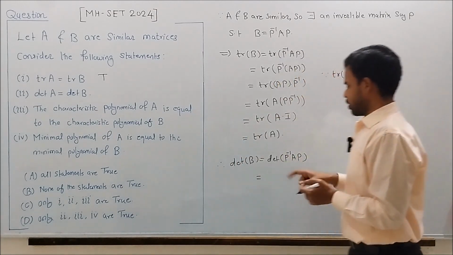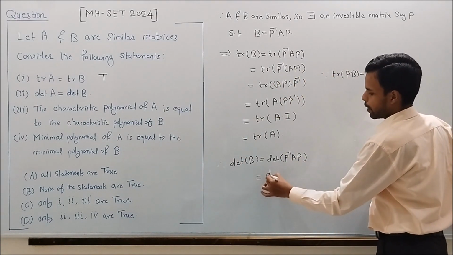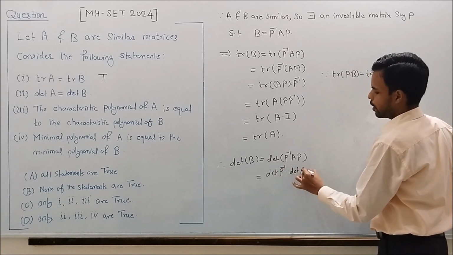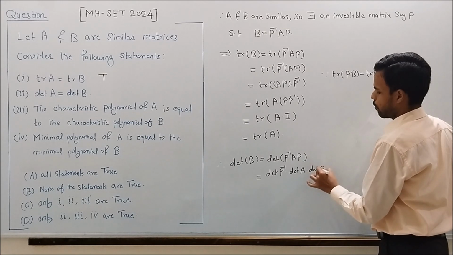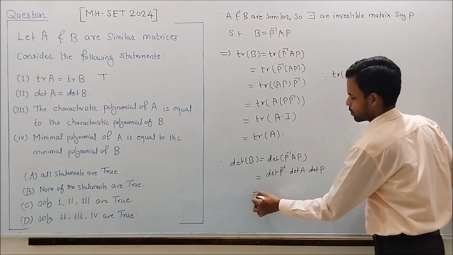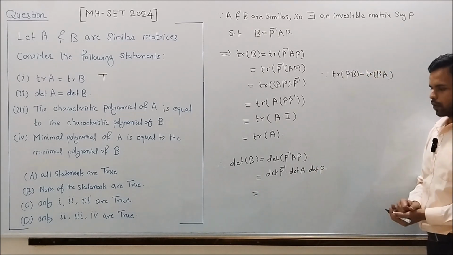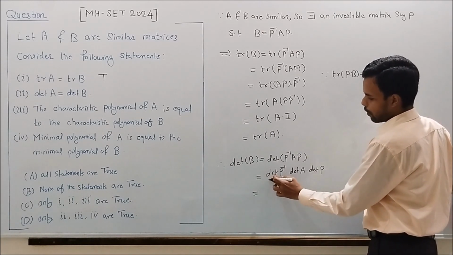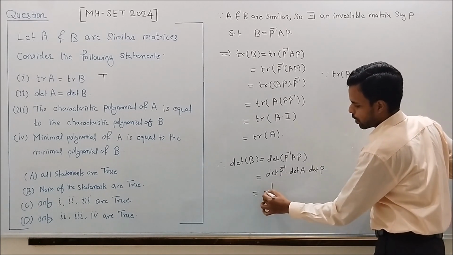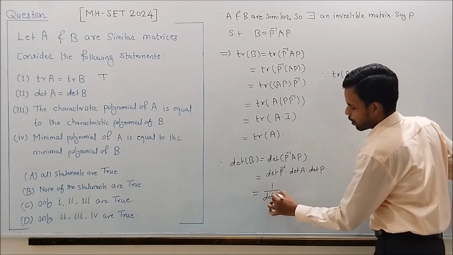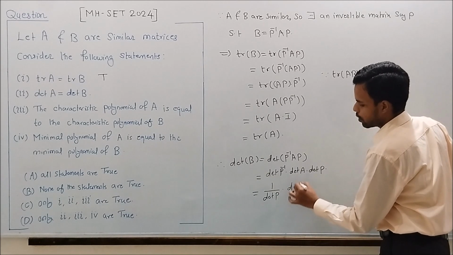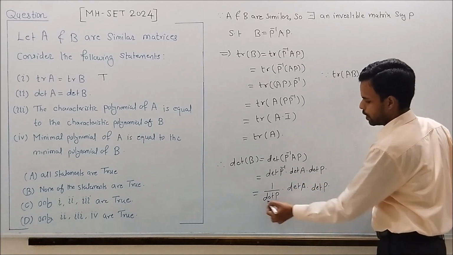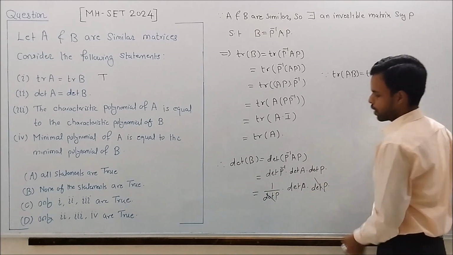So this can be written as determinant of P inverse times determinant of A times determinant of P. Also, determinant of P inverse is nothing but 1 upon determinant of P, so determinant of P cancels out.